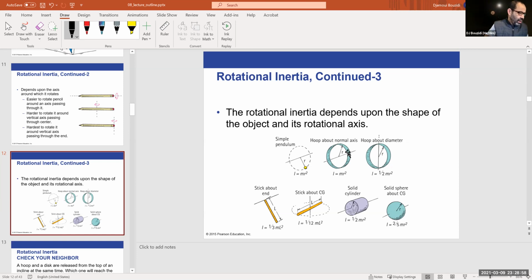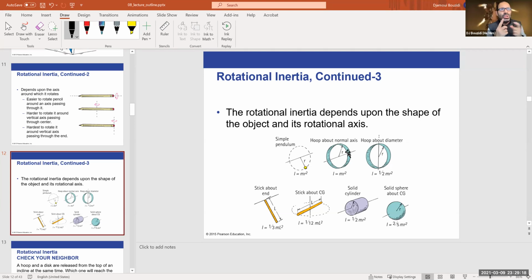So think of a bike wheel, where the axis of symmetry is just where the bike goes through. In this case, it's exactly like a point mass, mr squared. But if I were to spin it on an axis on this side, then it's different.